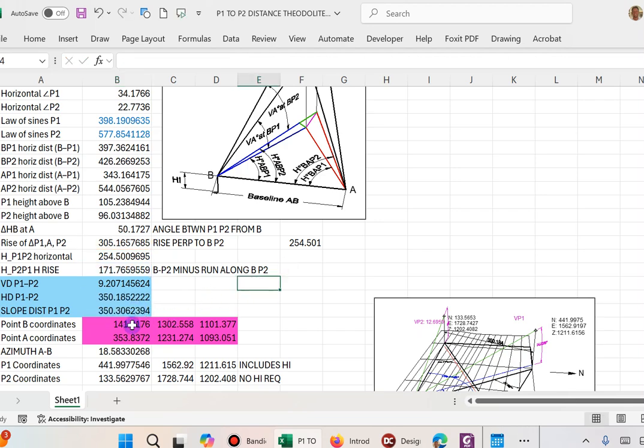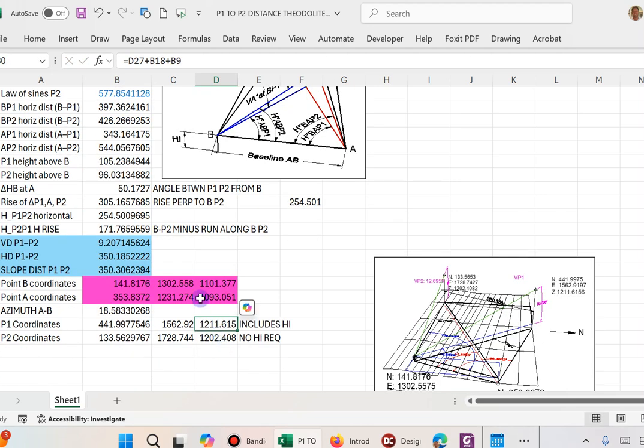And then here's your coordinates. You're inputting these coordinates right here. This is actual coordinates of the point. Okay, so coordinates of point A. This is your hub, though, not the instrument, right?